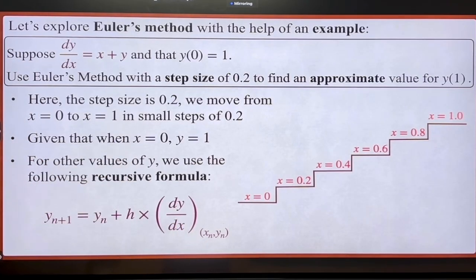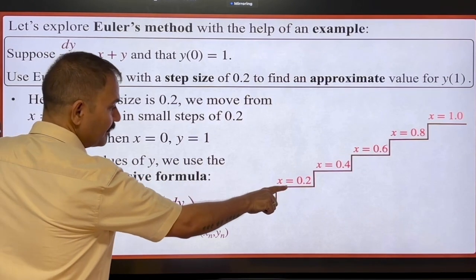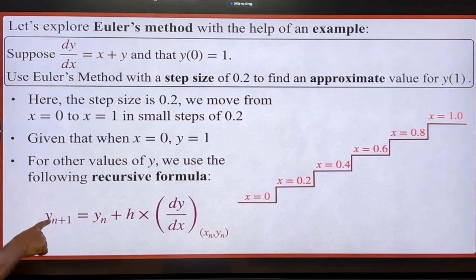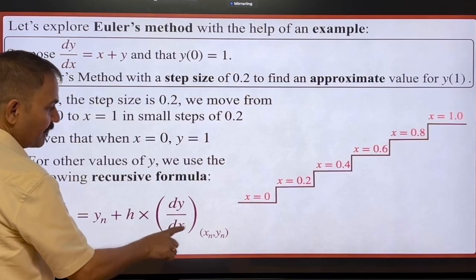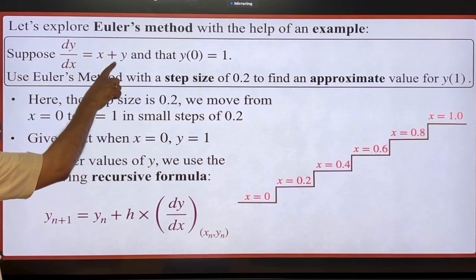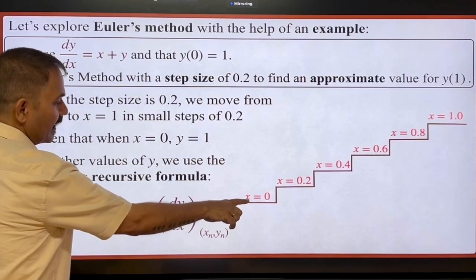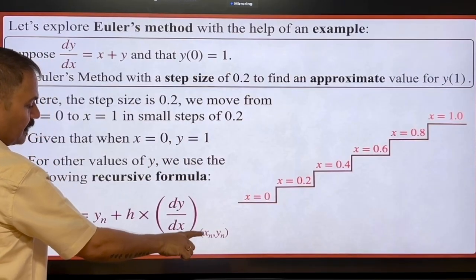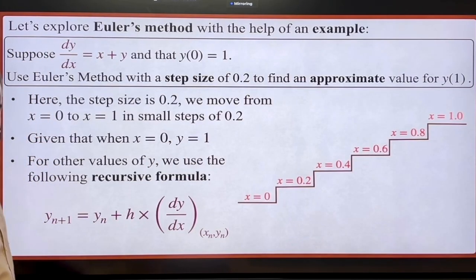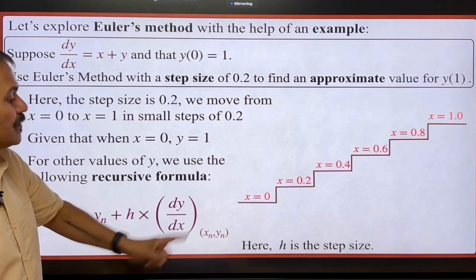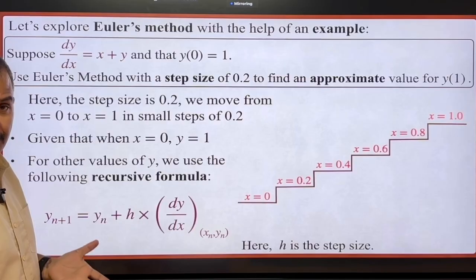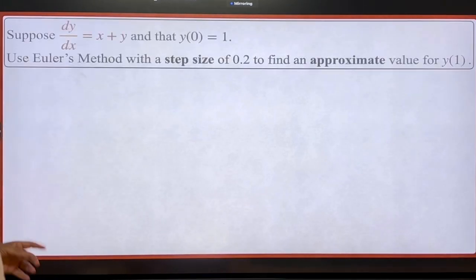So in this case, to find the value of y when x is 0.2, that value will be the value of y when x is equal to 0, plus h times dy upon dx, which means x plus y, when x is 0 and y is 1. And what is this h? This h is the step size. In this case, it is going to be 0.2. Okay? So let's work this out.